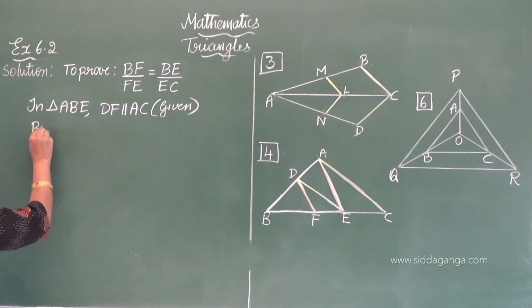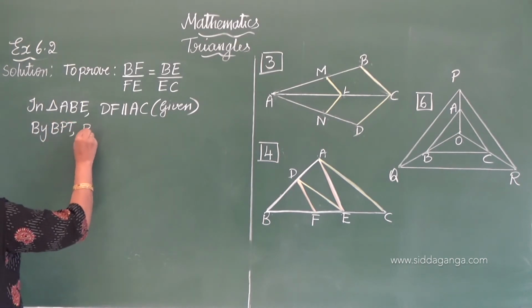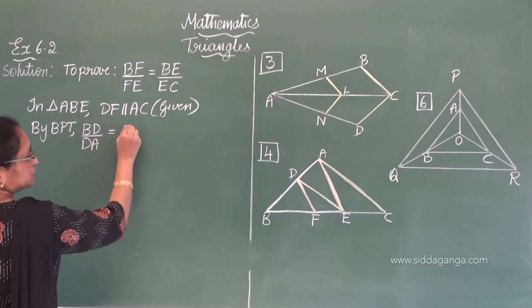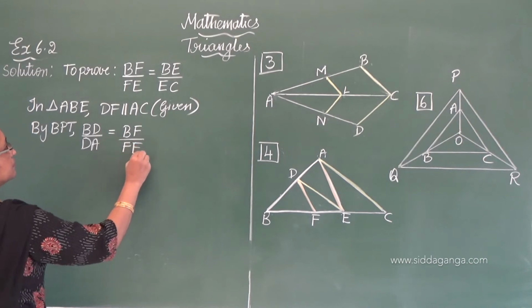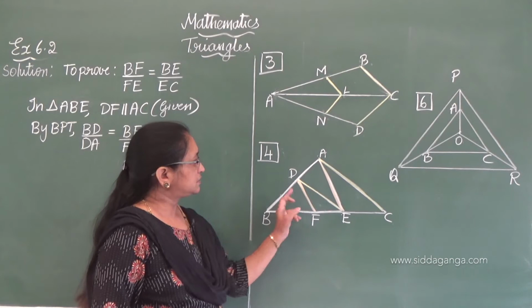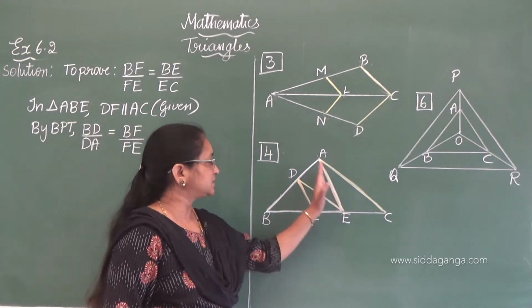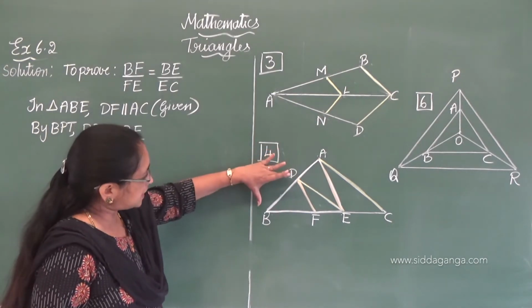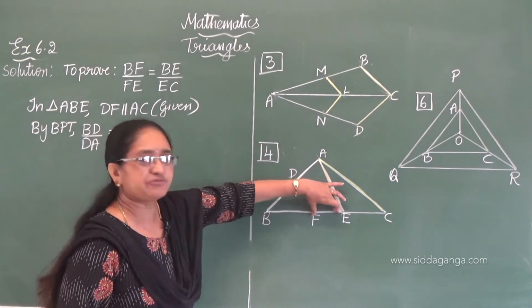By BPT, BD by DA is equal to BF by FE. Just observe, because in this triangle DF is parallel to AE, therefore in this triangle, by BPT what we can say, that BD by DA is equal to BF by FE.